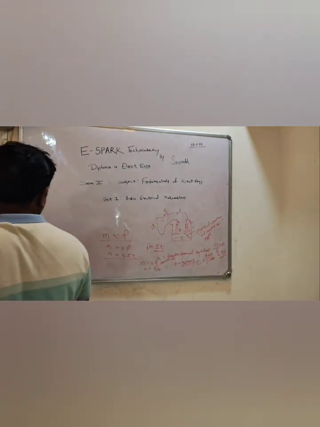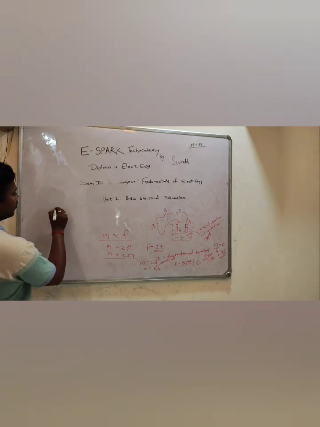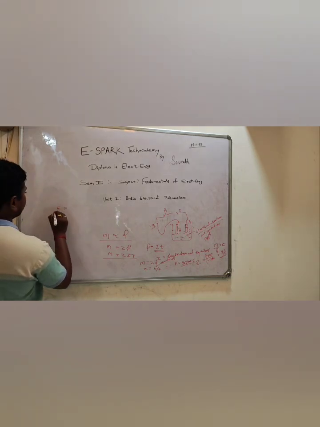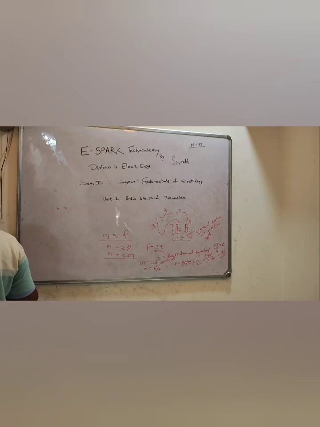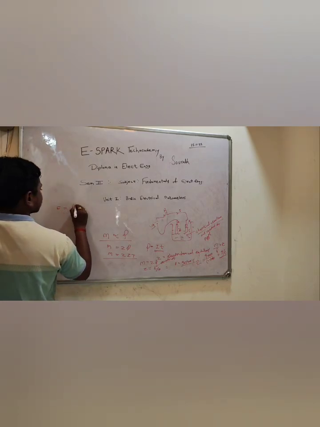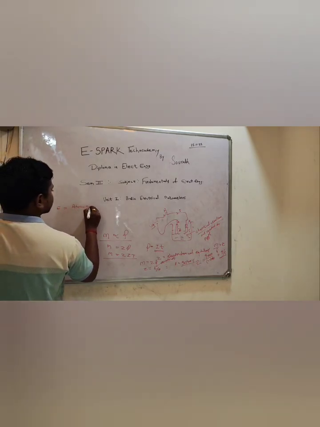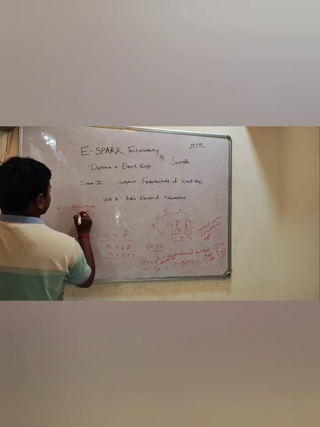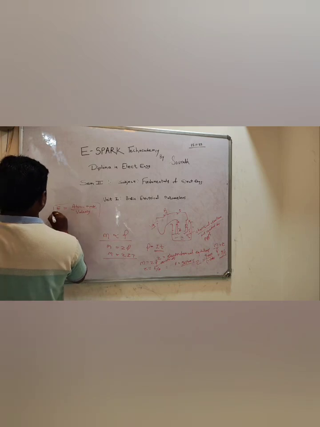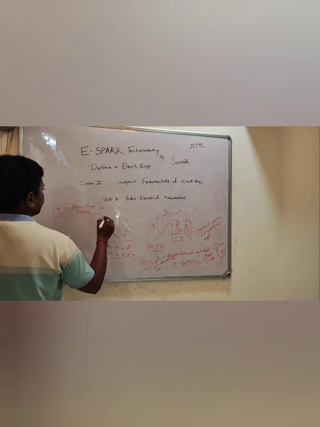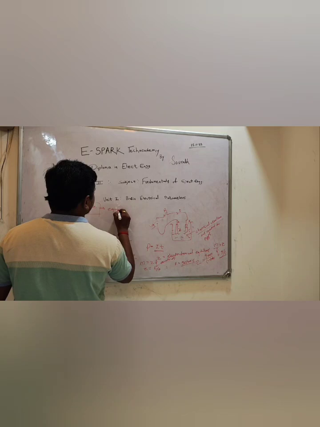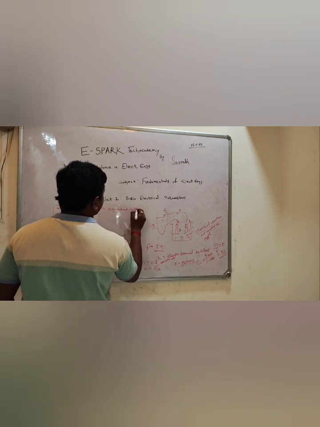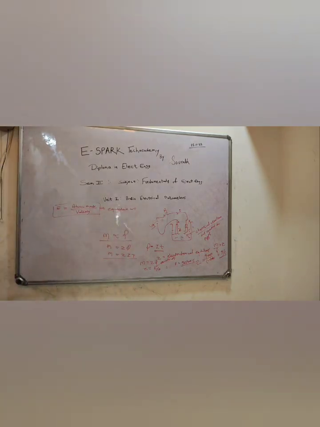Now I will clearly write it: E is equal to atomic mass divided by valency. This is the formula for E. It is the equivalent weight of that substance, whichever element we are using in the chemical process.